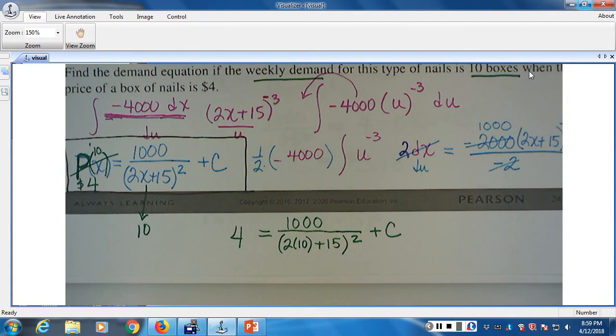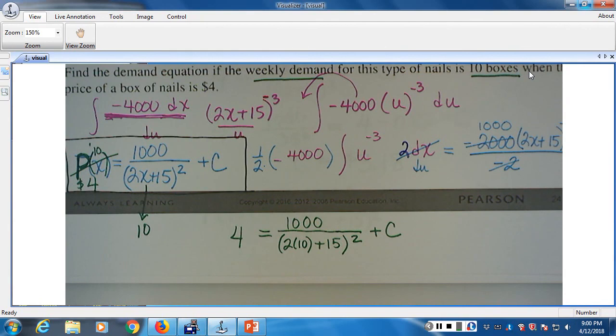I didn't really make that plain, I don't think. Because I was saying when x is equal to 10 down there, then the value of the function for 10 was $4. So the $4 is actually P of 10. It was given to us.